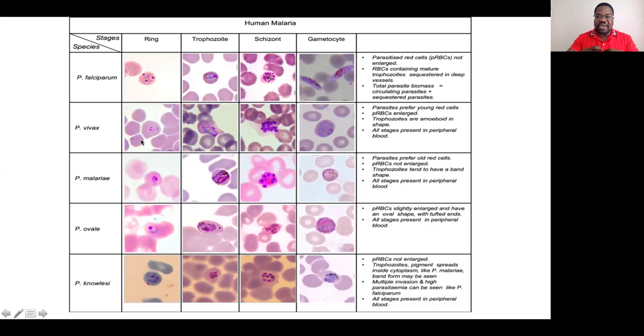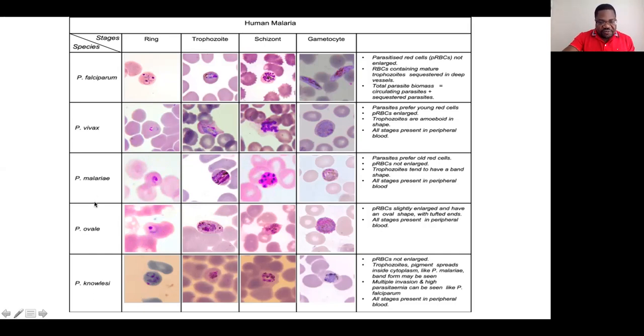The infected cell becomes enlarged. And then you have the trophozoite that is here. This trophozoite ring, if you compare with the one I showed you for Plasmodium falciparum, has what we call an amoeboid shape.